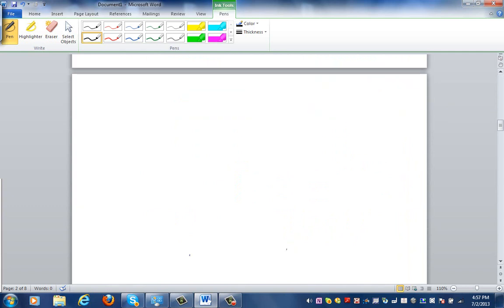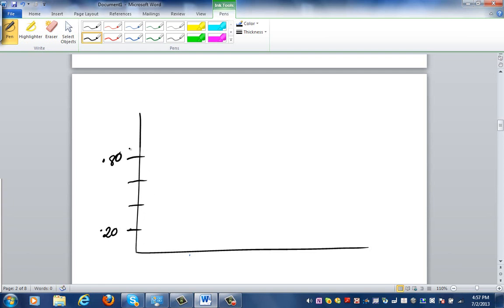So once again, here's my vertical axis, horizontal axis. So let's say here is 20% height, or 0.20, so 0.4, 0.6, 0.8.